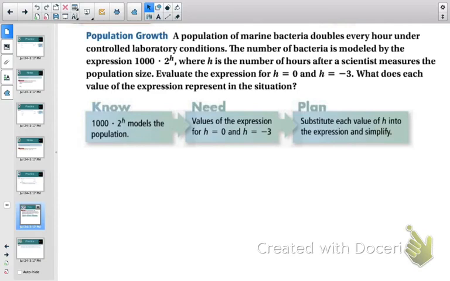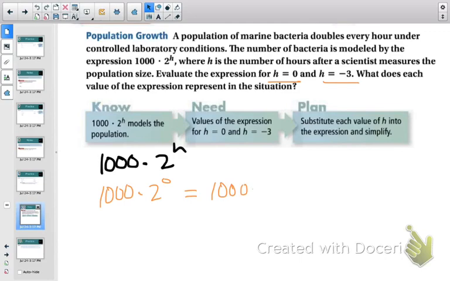Okay, so we just plug these in. We have 1000 times 2 to the h, that's our function. So first thing I'm going to do is plug in 0, because I want 0 and negative 3. So I get 1000 times 2 to the 0. 2 to the 0 is just 1, so 1000 times 1 is just 1000. So that's for 0.